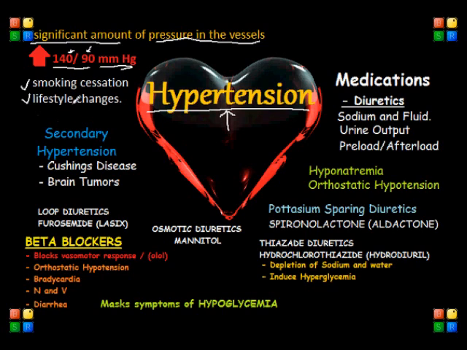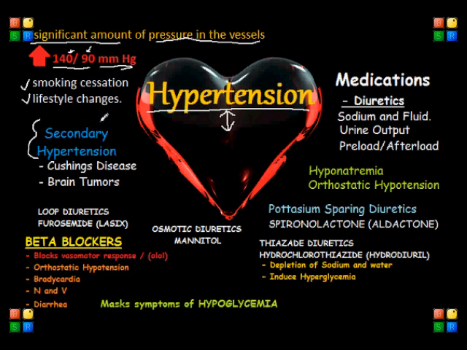Now, we also know that hypertension can lead to aneurysms, atherosclerosis, heart failure, and myocardial infarction, right? Or heart attack. Now, our patient can have what we call a primary hypertension, which is what we just spoke about, or the patient can also have what we call a secondary hypertension.